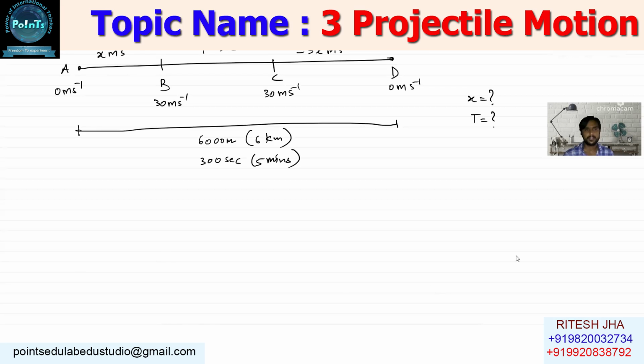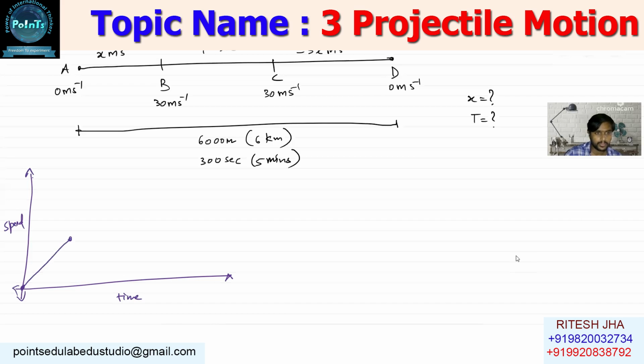So see, the best way is to basically draw the graph. So what I'll do, I'll draw the speed-time graph for this. You're starting with 0 meter per second. You reach some speed, like 30 meter per second ultimately. Then you maintain this constant speed, and after that you slow down until you come down to 0 meter per second.